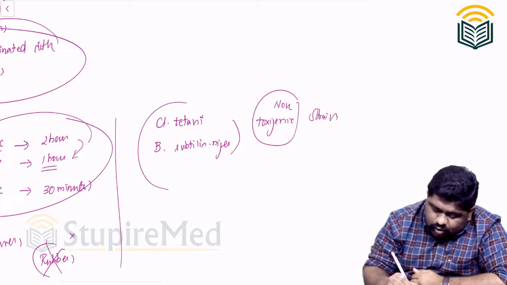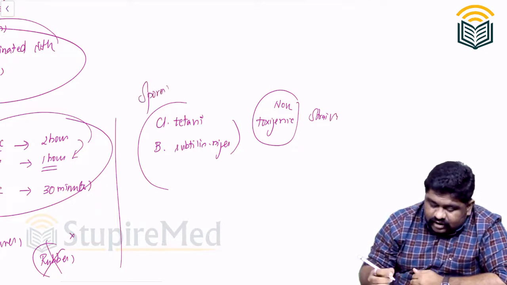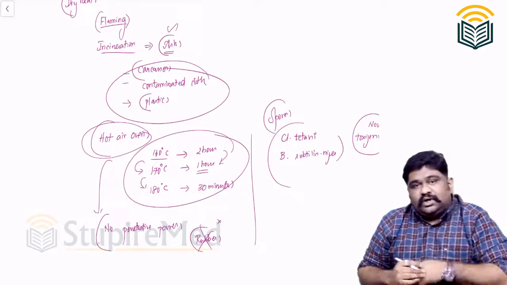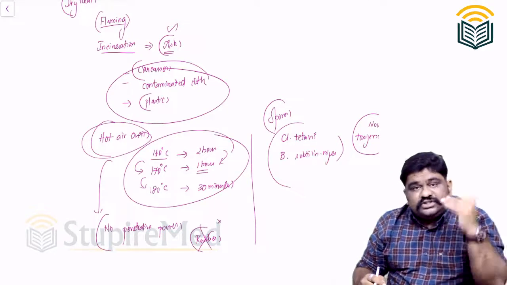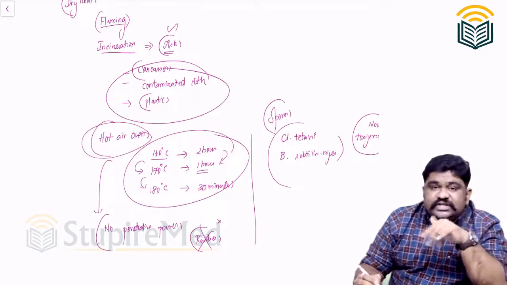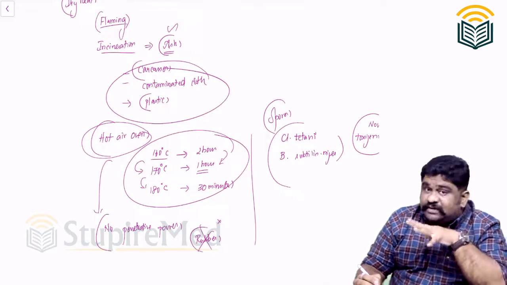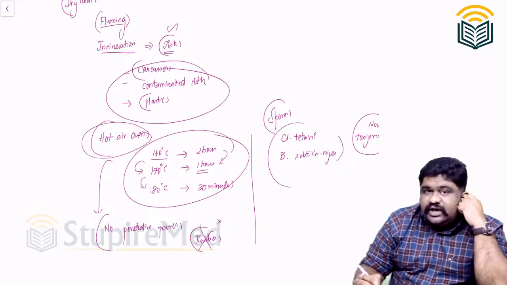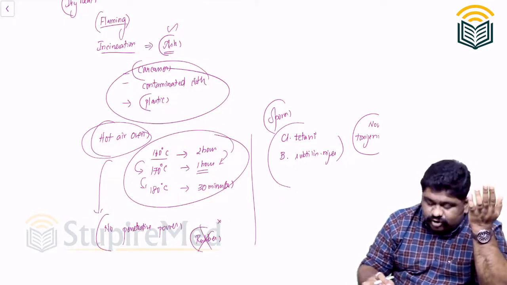And I will throw the spores of these organisms onto the surface of the material that I want to sterilize. Now, after subjecting them to the hot air oven, if these spores, which are extremely heat stable, are destroyed, it is understood that any other pathogenic organisms can be easily destroyed also.